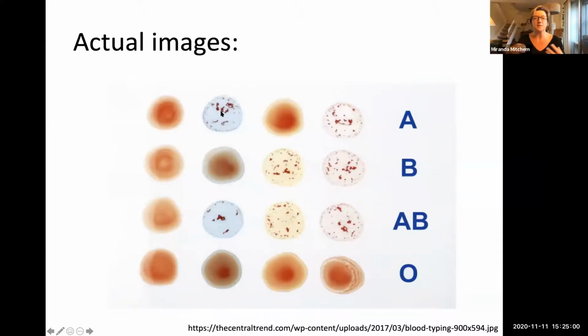So this means the person has pathogenic antibodies that are reacting with that blood. In the PhysioEx activity, I'll show you how to read them and how to interpret them. I've put this here more so you can see the difference between agglutination and non-agglutination. So I'll point out all the ones that are agglutinated. We have it right here, here, here, here, and here. So the ones where you see the more diffuse red are not agglutinated.